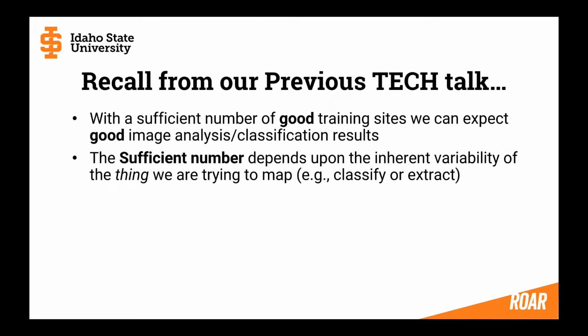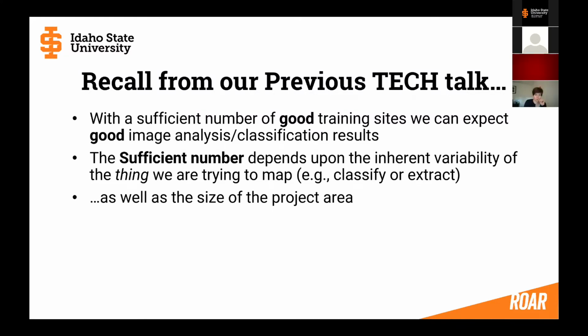Now, that sufficient number, you might recall, depends upon the inherent variability of the thing we're trying to map. Now, we could interchange that word map with classify, the thing we're trying to classify, or the thing that we're trying to extract from the imagery.